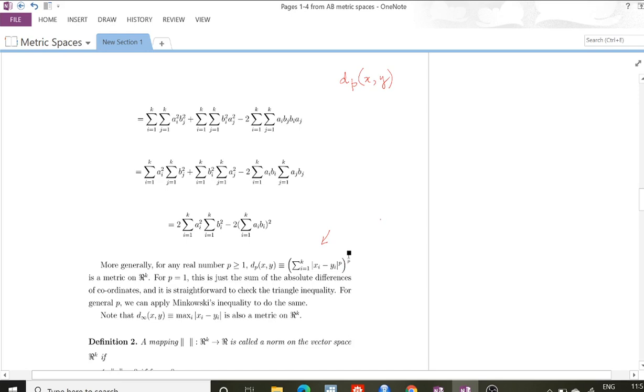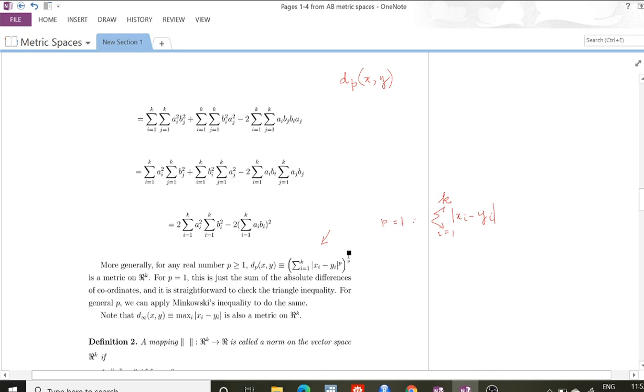distance. On the other hand, if I put p equal to 1, I get this sum of absolute differences. Okay, it's then just that, right? So the claim is that if I put any real number for p that is greater than or equal to 1, I'll have a metric.